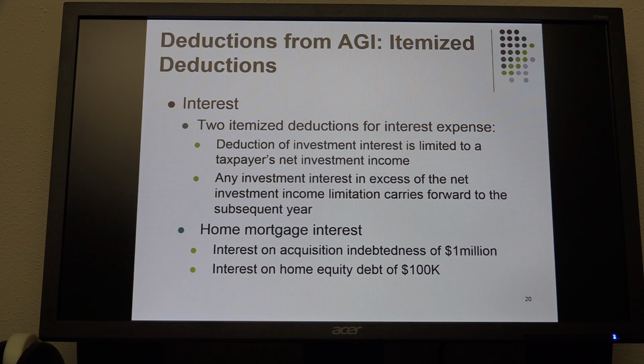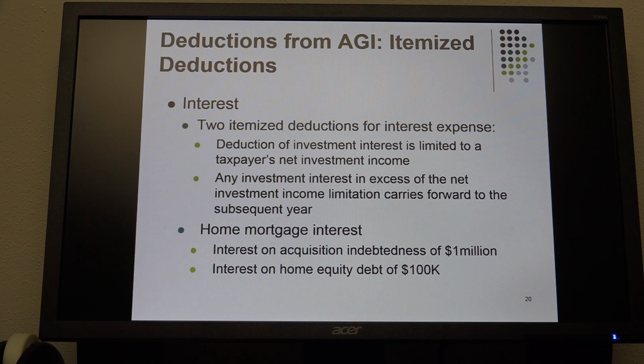Interest. And so you have two itemized deductions for interest expense here. You get to deduct investment interest, but it's limited to the taxpayer's net investment income. And any investment interest in excess of the net investment income limitation carries forward to the subsequent year.